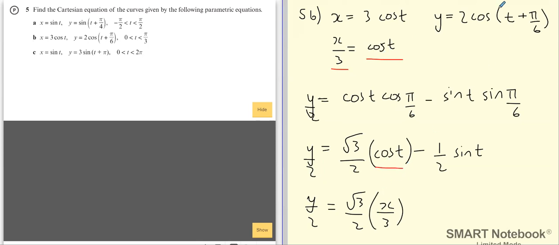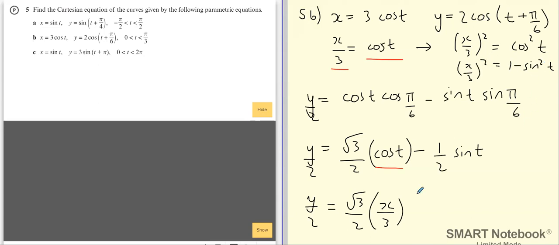Now, sine t, we are going to have to use the other identity. 1 minus sine squared t equals cos squared t. So what am I going to do? I'm going to say x over 3 squared equals cos squared t, which is 1 minus sine squared t.